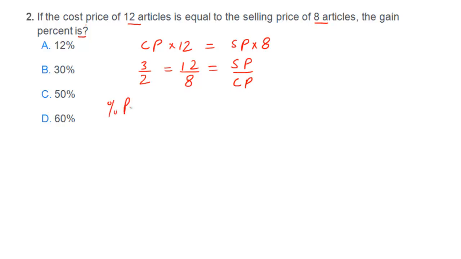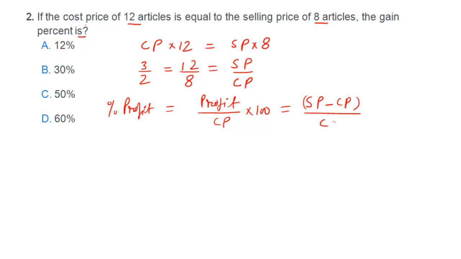The percentage profit or percentage gain is profit divided by cost price, multiplied by 100. This is the formula, or this can also be written as SP minus CP divided by cost price, multiplied by 100, or this can further be written as SP divided by CP minus 1, multiplied by 100.